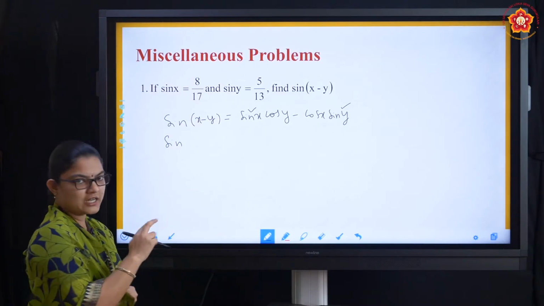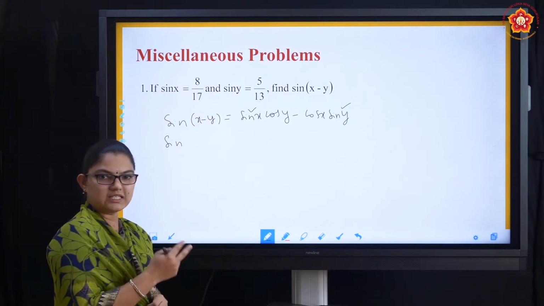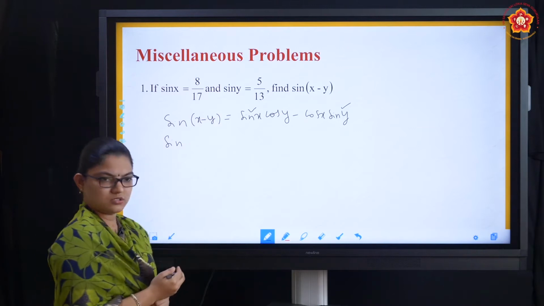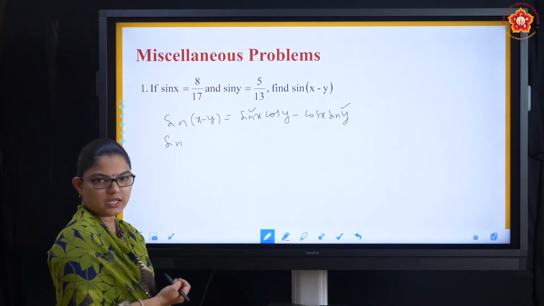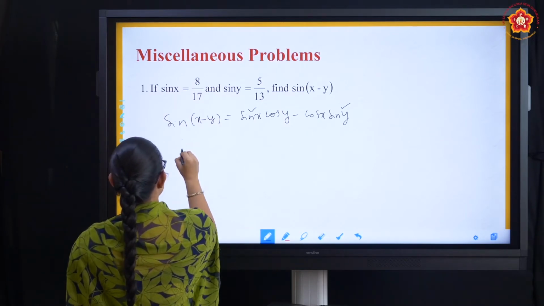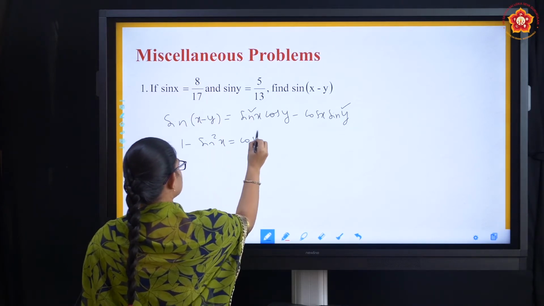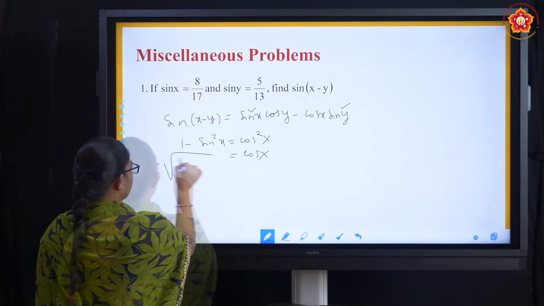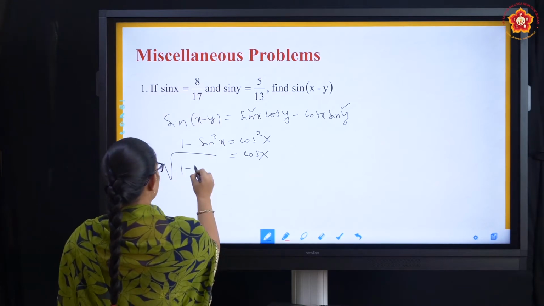We know the relation between sin x and cos x, that is, cos square x plus sin square x is 1. So cos square x is 1 minus sin square x. But what is cos x? Cos x is plus or minus square root of 1 minus sin square x.